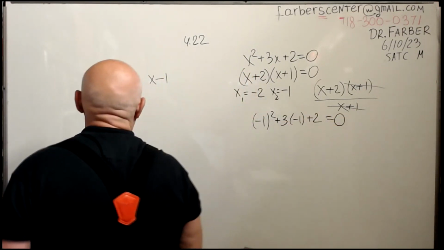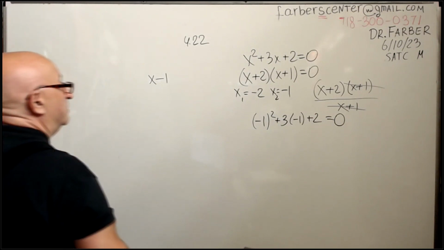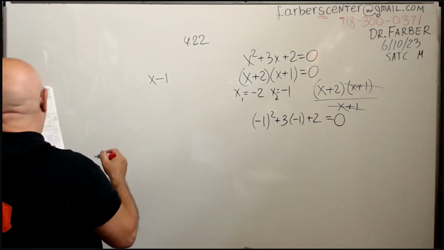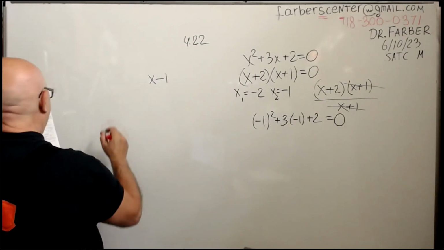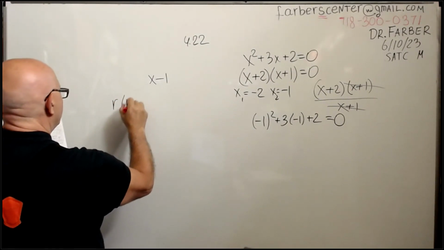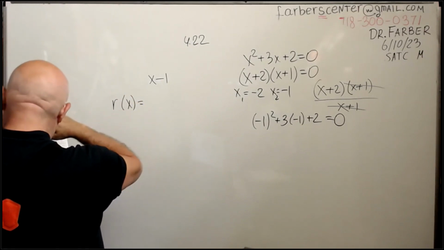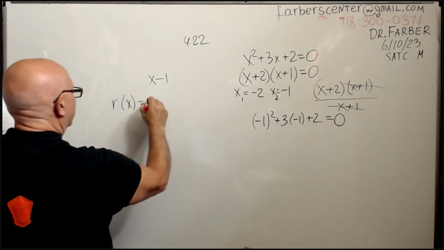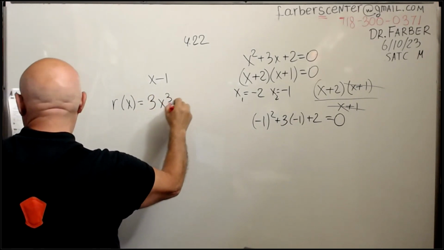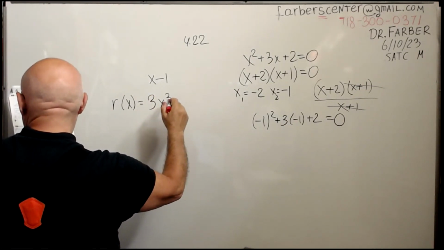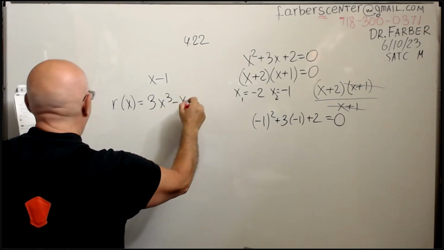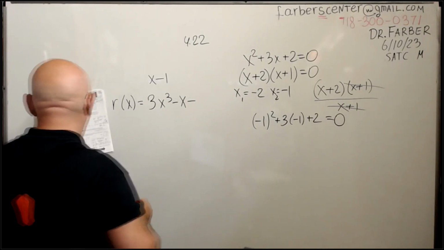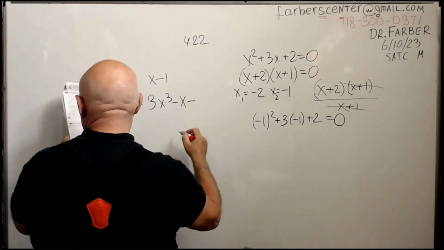Here's the same, right? If you have r of x equals, what is it, 3x cubed minus x minus 1 minus 2.